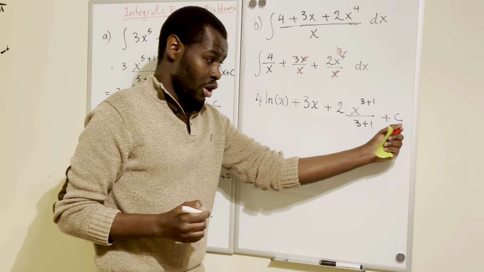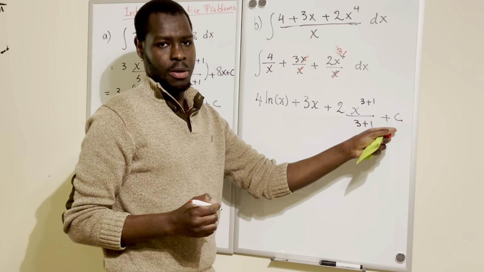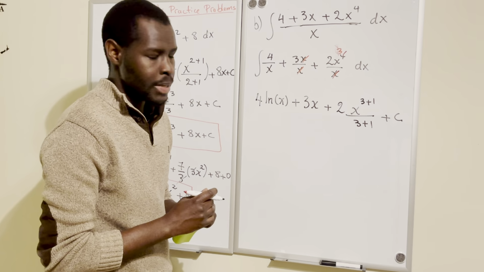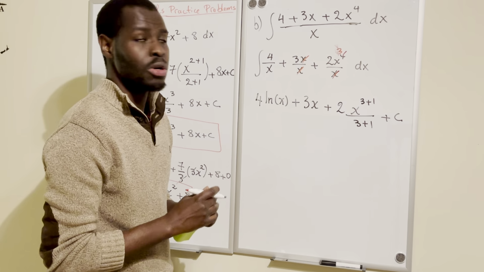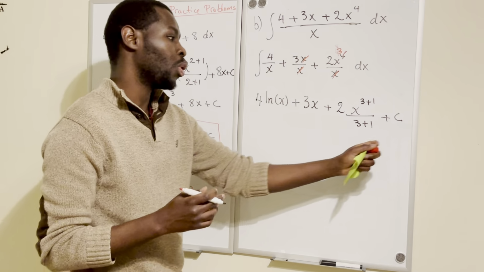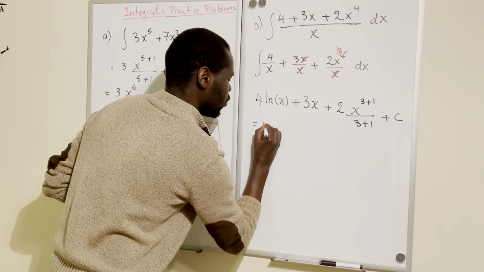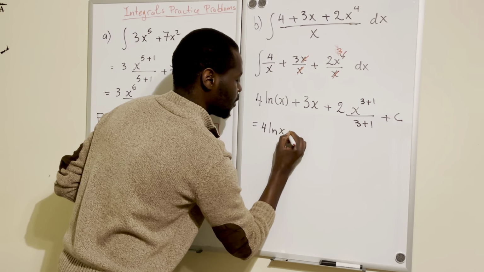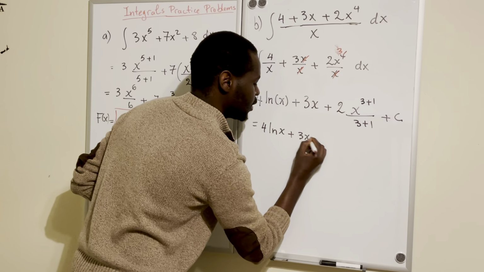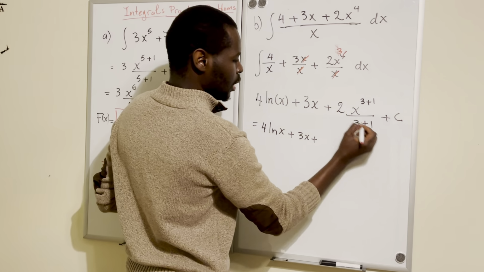You will know that it is very important to keep the constant in there, because in some problems you may be asked to evaluate what this constant will be, and that's what I will cover in the next video. All right, so this will be 4 ln x plus 3x plus, now what will this be?